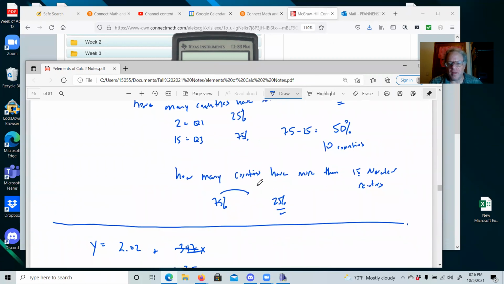All I want to see is Q3 plus 1.5 times IQR. So all I want to see is something like 15.5 plus 1.5 times parentheses 15.5 minus 2 equals, and at that point, you can do the arithmetic. And show me what you got.